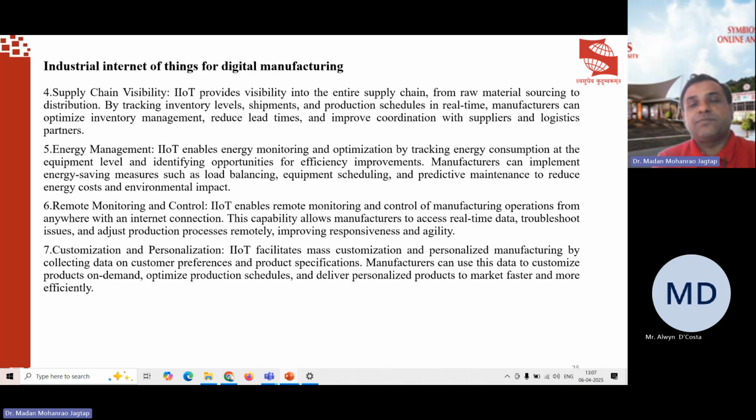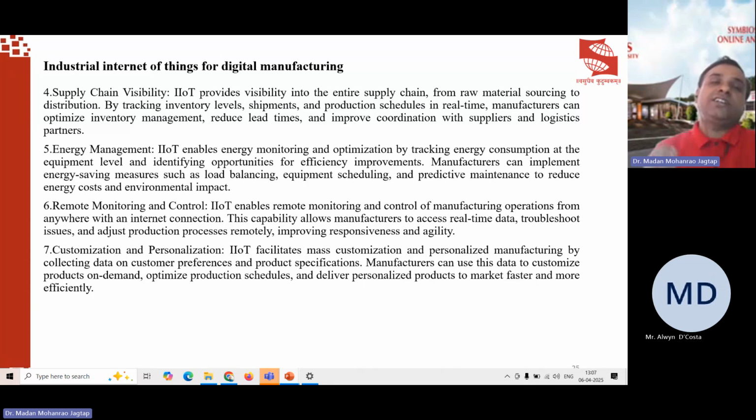Then supply chain visibility. So where is the particular product? By tracking inventory levels, shipments, and production schedules in real time, manufacturers can optimize inventory management, reduce lead time, and improve coordination with suppliers and logistic partners.